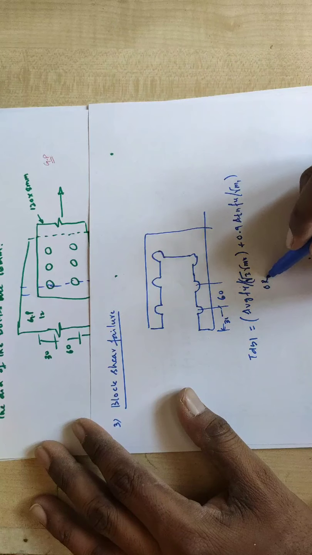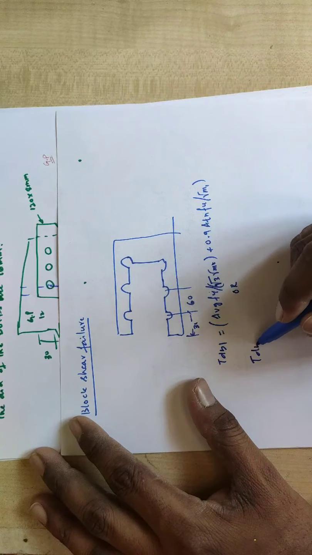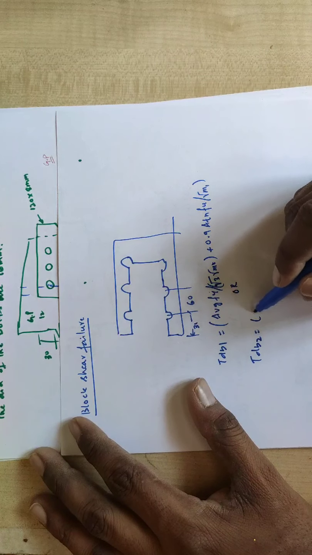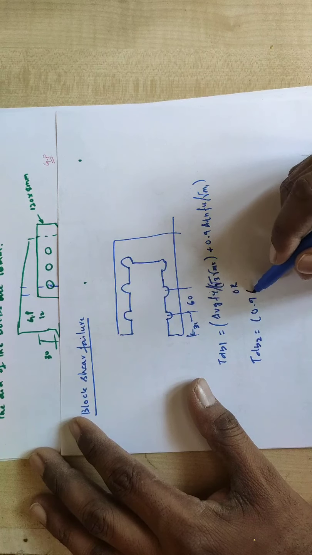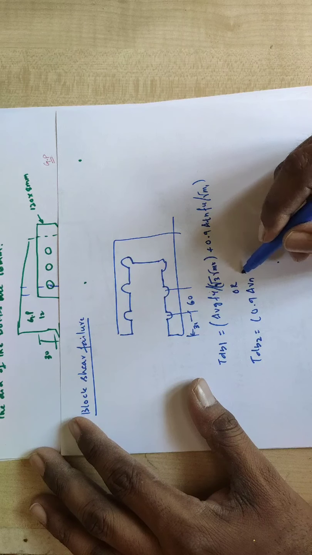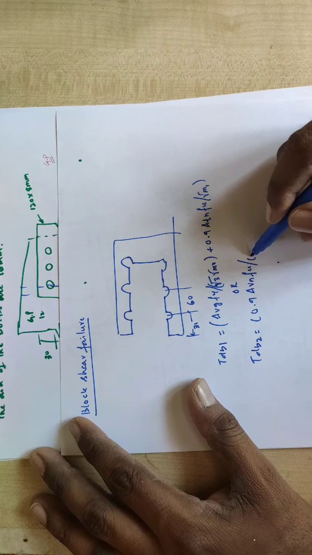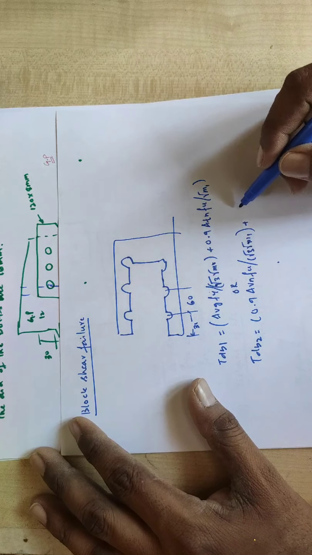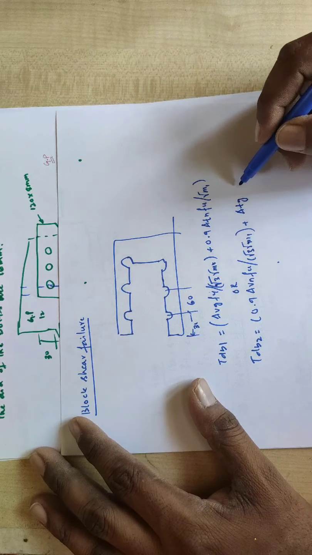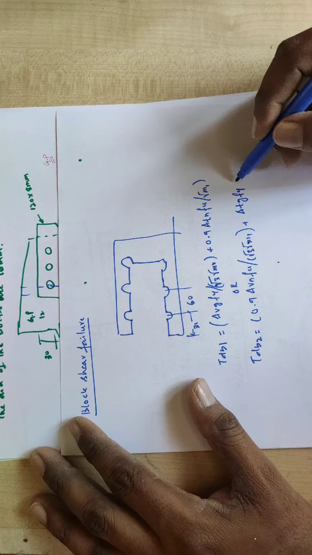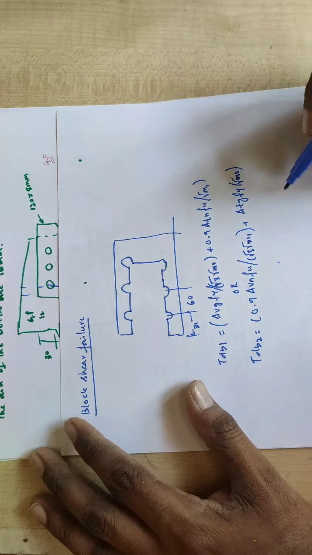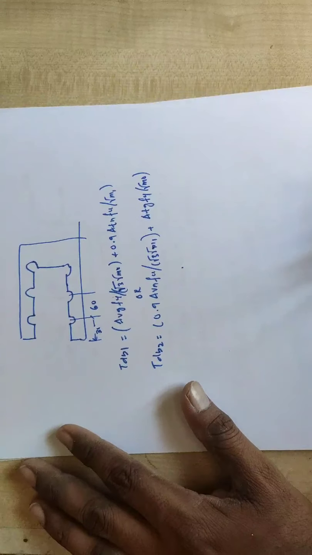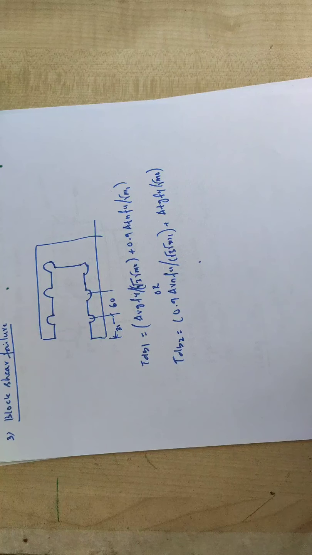Or the other formula given, Tdb2, is equal to 0.9 Avn Fu divided by root 3 gamma m1, plus Atg Fy divided by gamma m0. So we have to calculate Atg, Avg, Atn and Avn. Fu and Fy are already given in the problem.